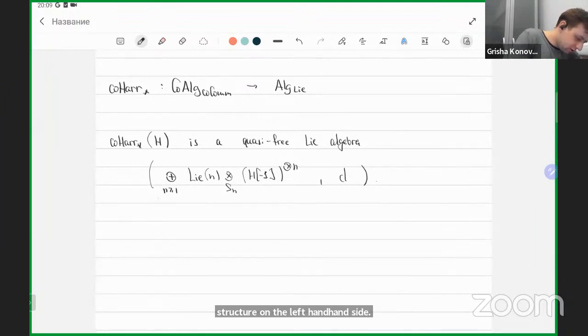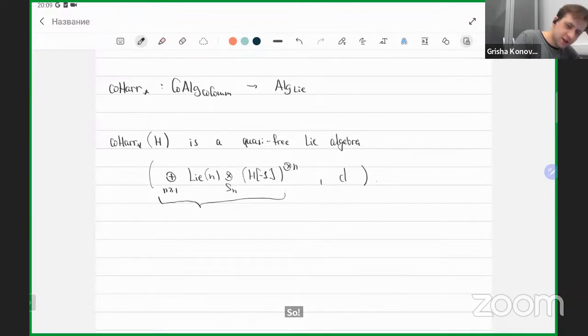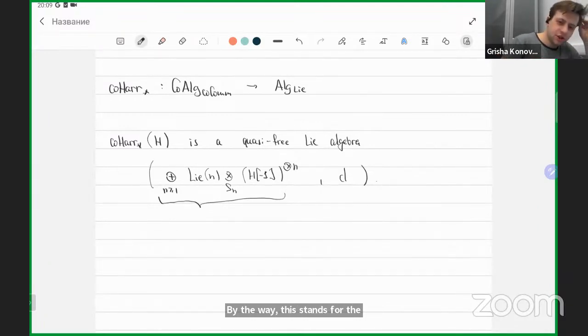By the way, this stands for the free Lie algebra generated by H shifted by 1 to the right.